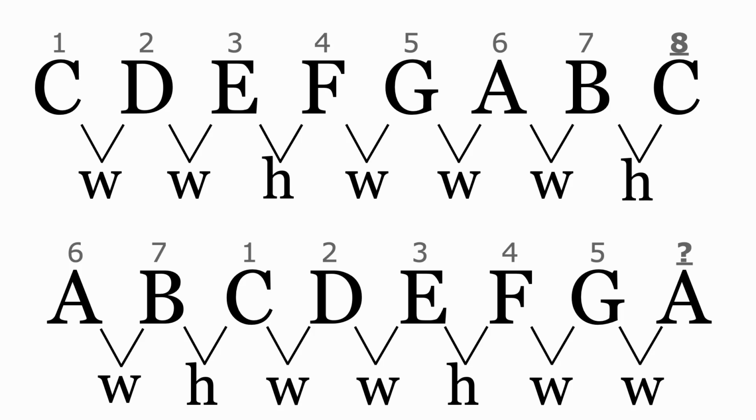As we look at the A on the far right with the question mark above it, a little while ago we said, okay, well that's the eighth note, but if A is the eighth, how is A the sixth and the eighth, right? That doesn't make a whole lot of sense.